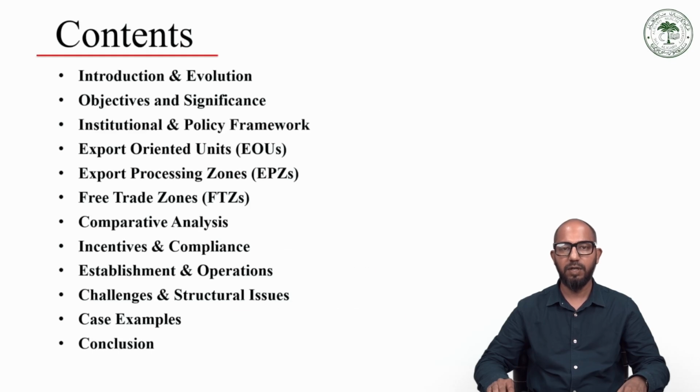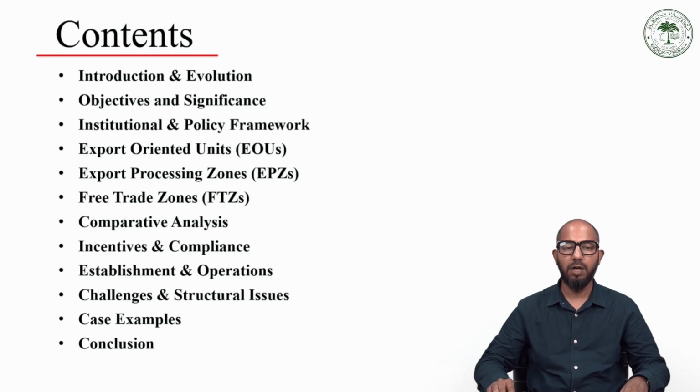At the outset, let us evaluate the contents of today's lecture. First of all, we are going to have some introductory remarks as well as talk about the evolution of these different regimes. After that, we will talk about objectives and significance of EOUs, EPZ, and FTZs, followed by institutional and policy framework.